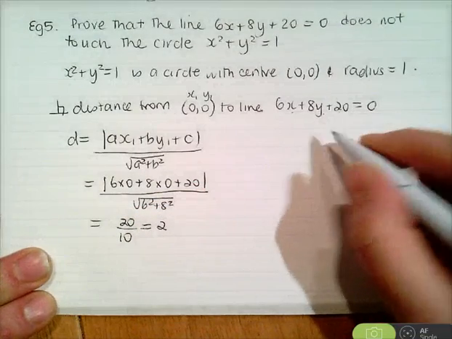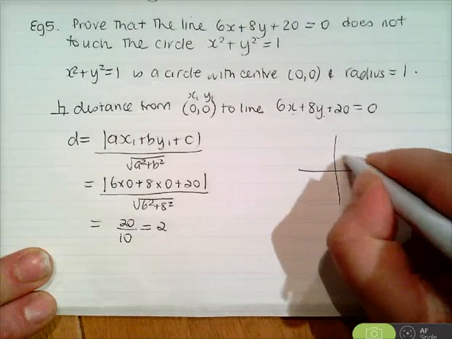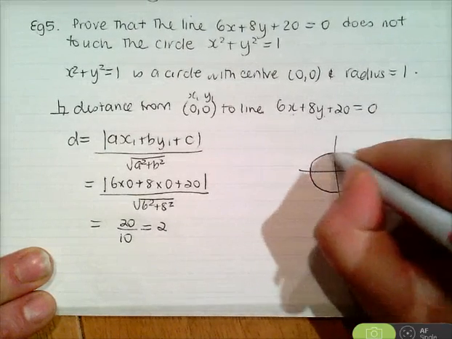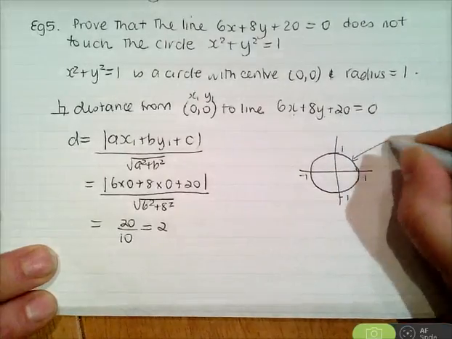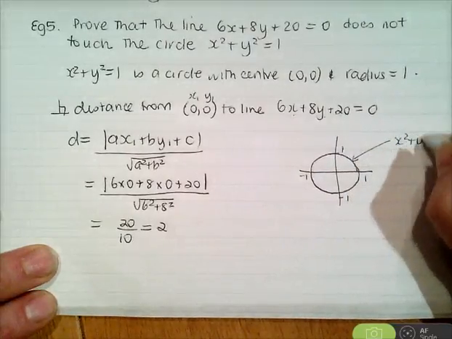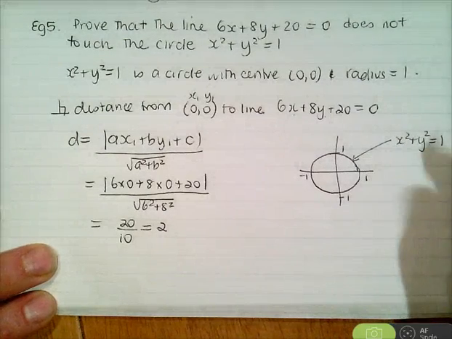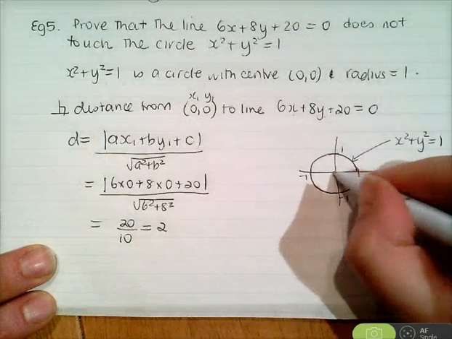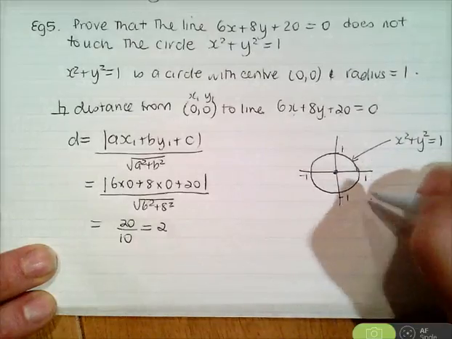So now you can do a quick sketch if you want. You can say, well, this would be my circle x squared plus y squared equals 1. But the perpendicular distance of the centre 0, 0 to your line happens to be 2 units.